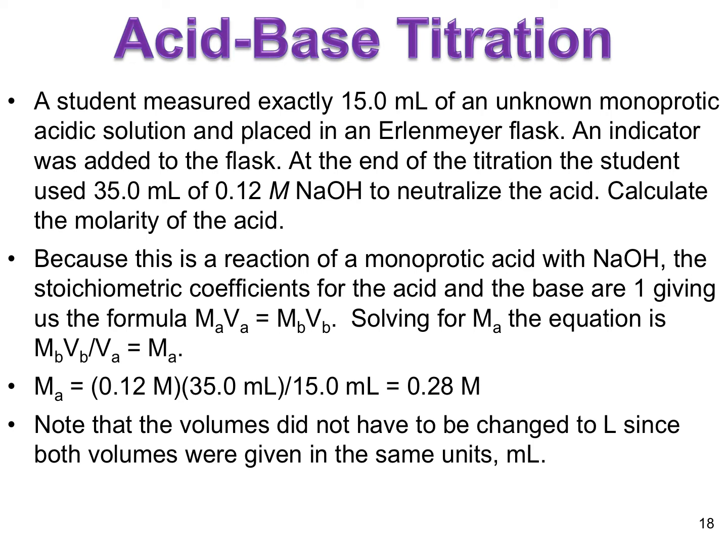Because this is a reaction of a monoprotic acid with sodium hydroxide, the stoichiometric coefficients for the acid and base are 1. The formula to solve is molarity of the acid times the volume of the acid equals the molarity of the base times the volume of the base.